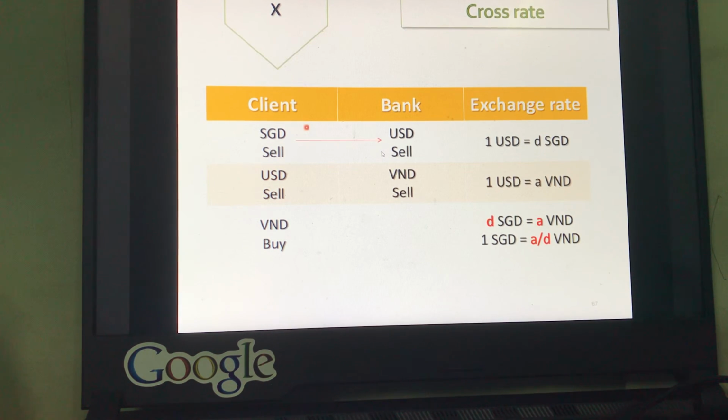The offer rate is the rate at which the quoting bank sells the commodity currency. You should always remember that to understand the direction of the transaction here. Okay, is it clear now?